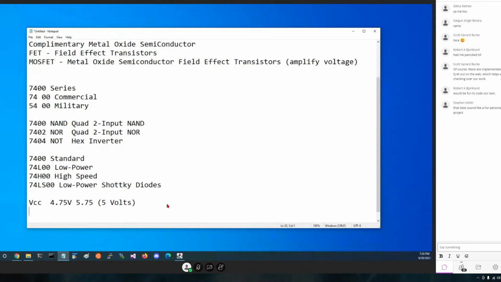Now, there's a bunch of voltages as well we need to talk about. One of them is, what is the voltage on an output when it's producing a high signal? Well, it's 2.4 volts as a minimum. Typically, it's about 3.5.